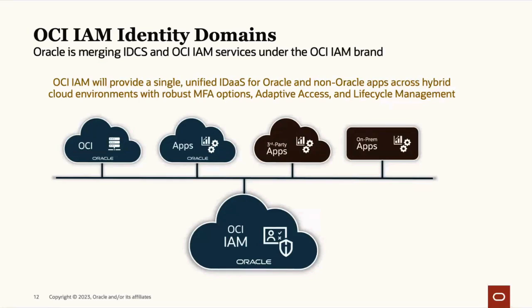And so by using identity domains, you do experience benefits, and that includes easier identity service management and configuration. So instead of setting up different IDCS instances and having to manage them outside the console, they'll now be converted into identity domains accessible via the OCI console.